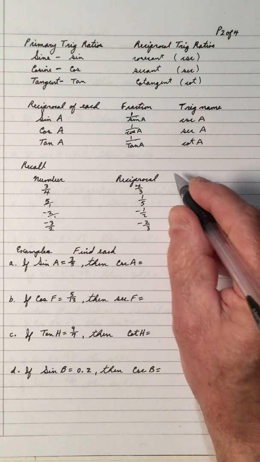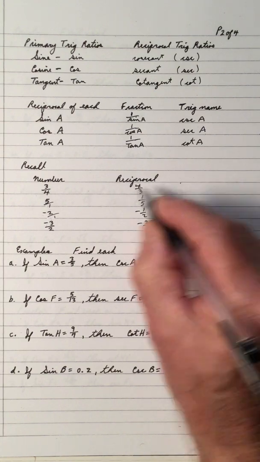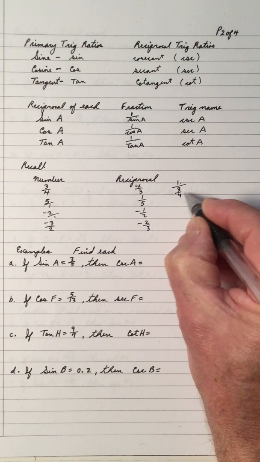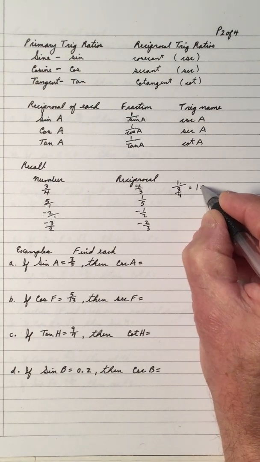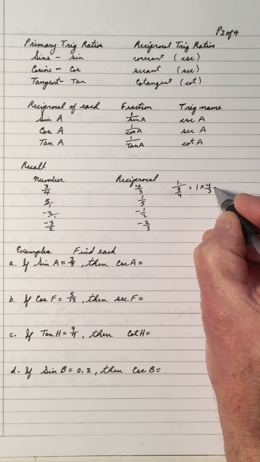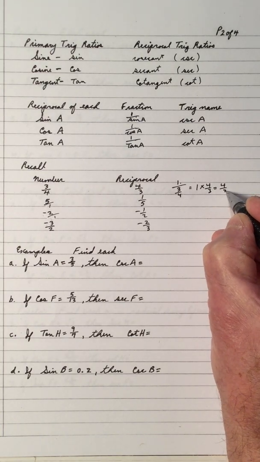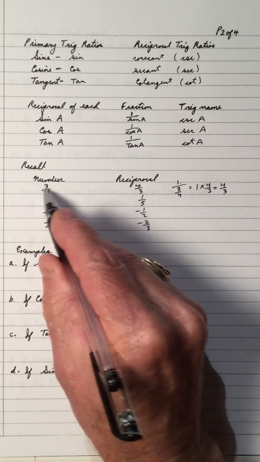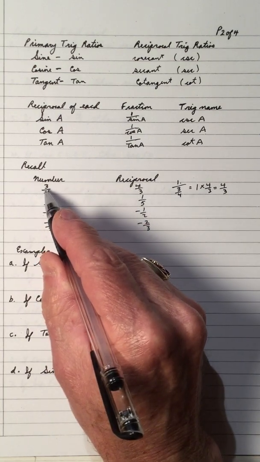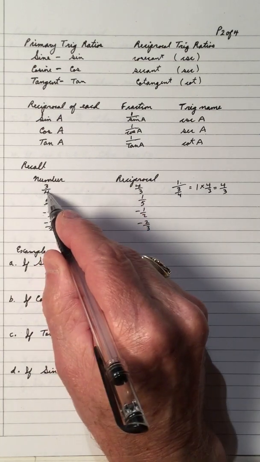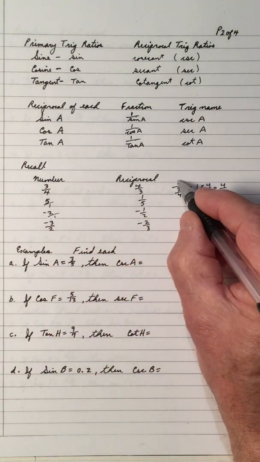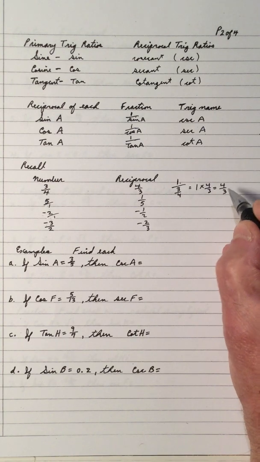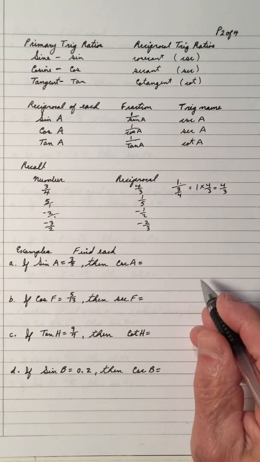The reciprocal of 3/4 is 1 divided by 3/4, which is the same as 1 times 4 over 3, giving 4 over 3. So the reciprocal is to switch the numerator and the denominator.